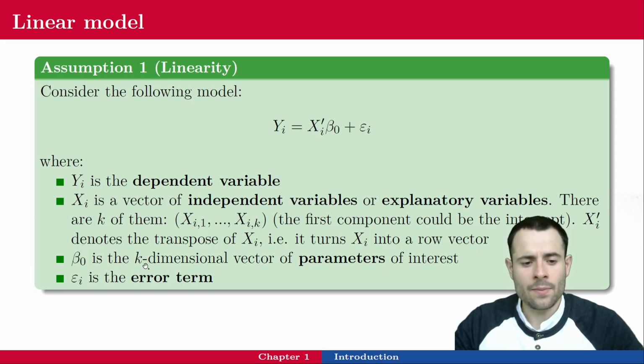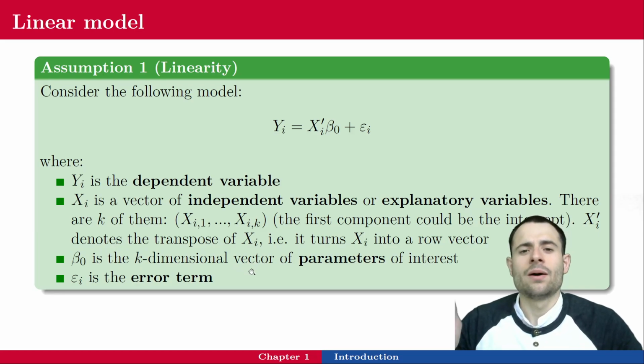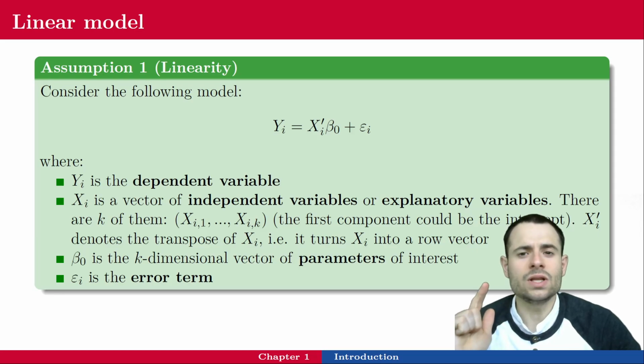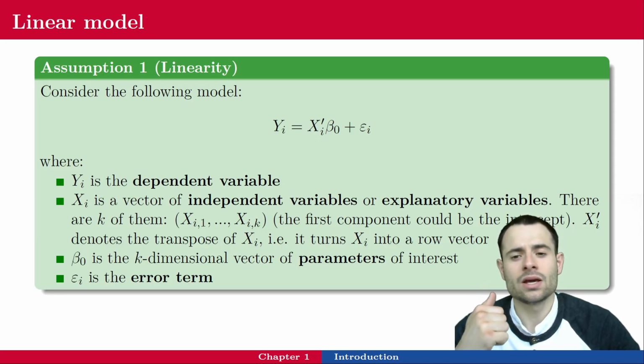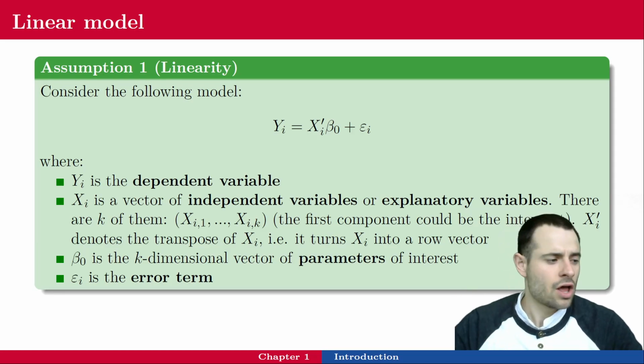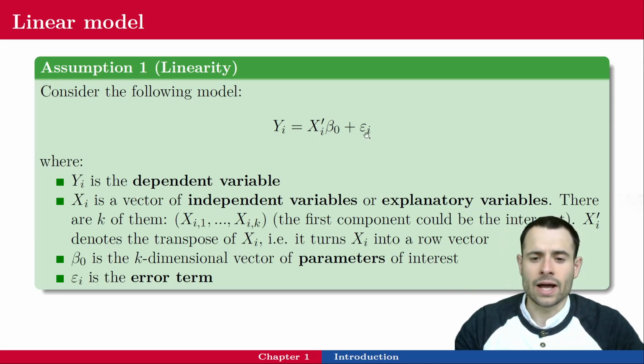We have k parameters, which are embedded in the beta 0 vector. So this model is either parametric or semi-parametric. It all depends on the assumptions I'm going to make about some distribution. And here it will be about the distribution of epsilon I.